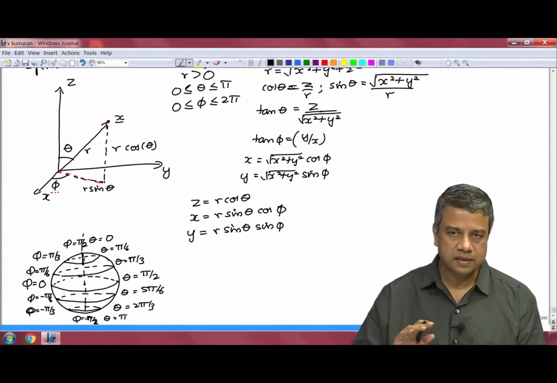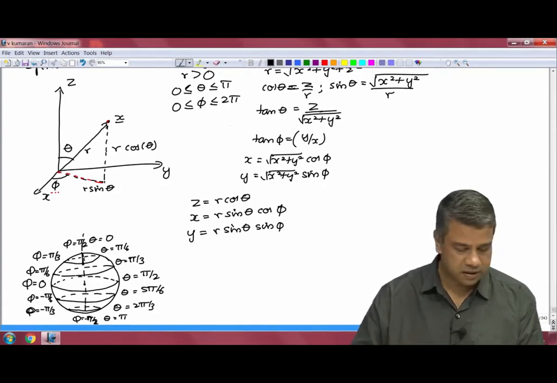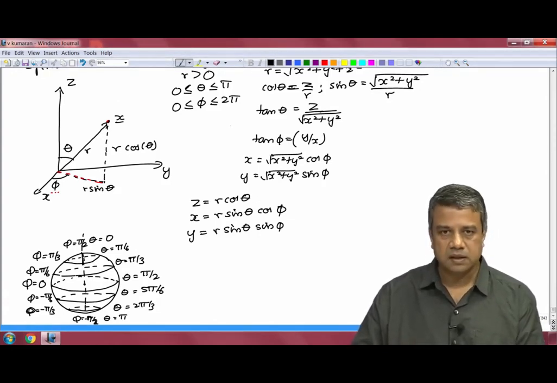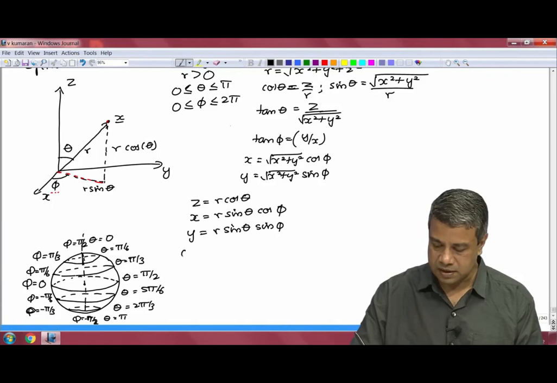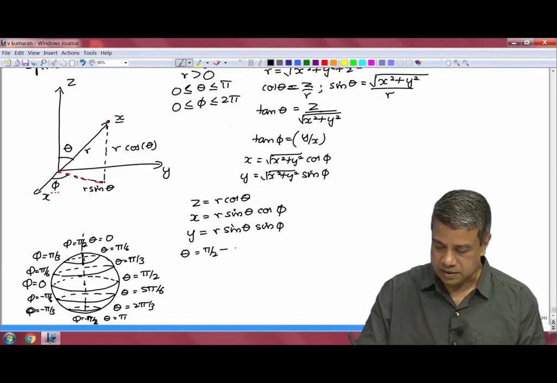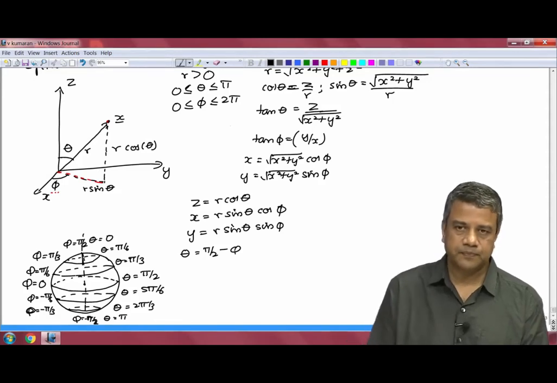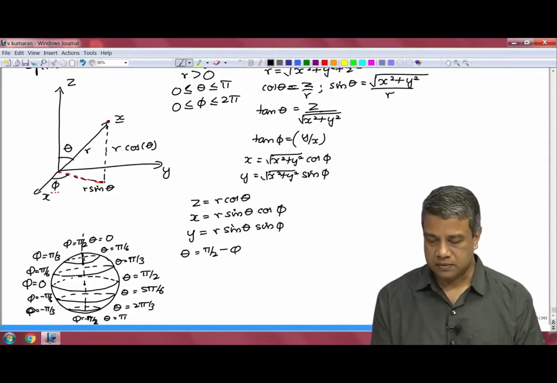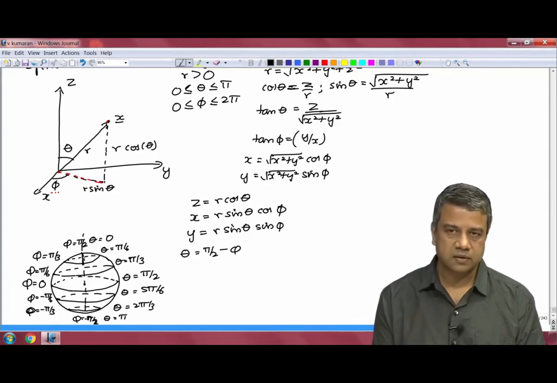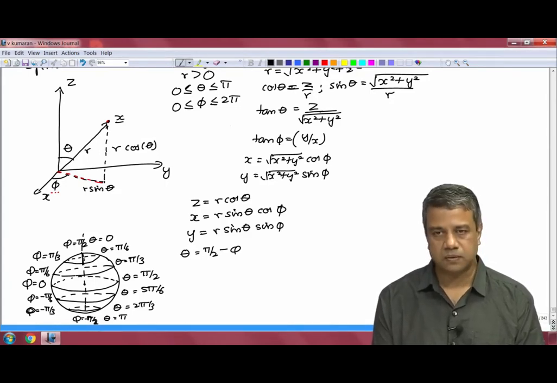So, therefore, the azimuthal angle that we are using here in the spherical coordinate system is almost identical to the geographic latitude. It is actually related by the relation theta is equal to pi by 2 minus this angle phi. So, that it is equal to 0 on the north pole, pi on the south pole, and pi by 2 on the equator.